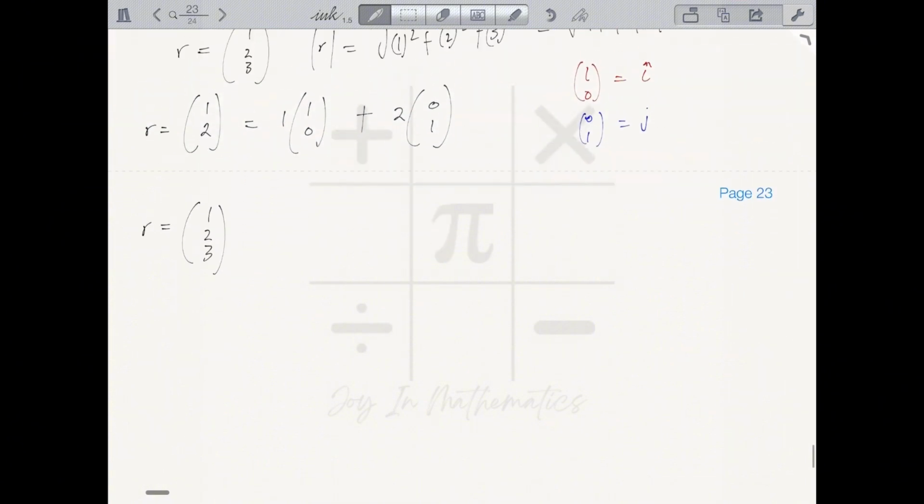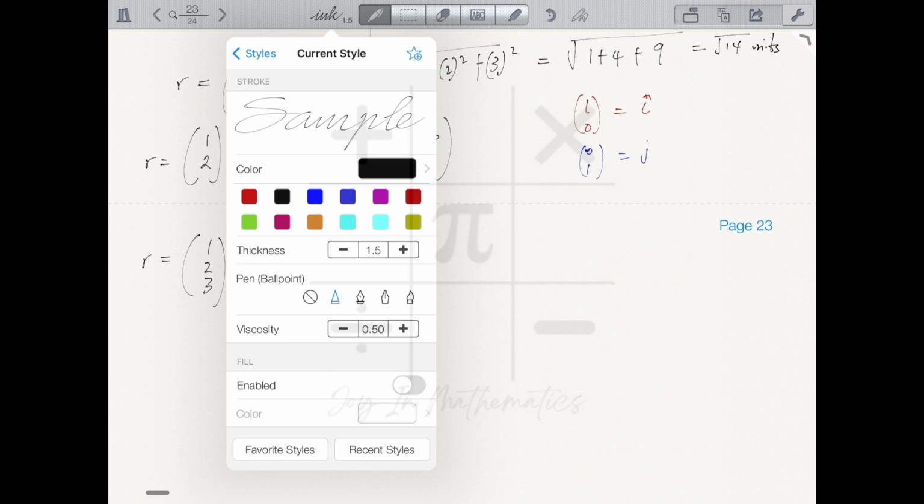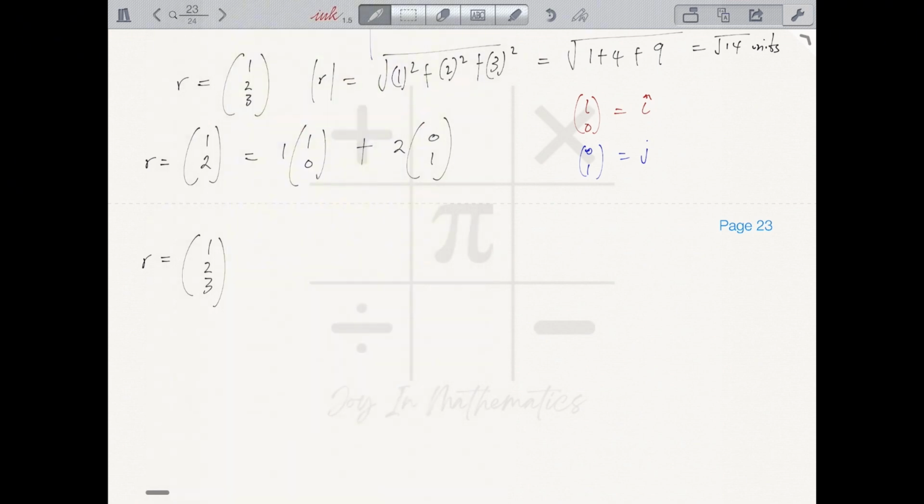When we come to a vector in space, we will realize that the column vectors in each case will change. In this case, we know that (1, 0, 0) is the column vector representing i, (0, 1, 0) is the column vector representing j, and (0, 0, 1) is the column vector representing k.